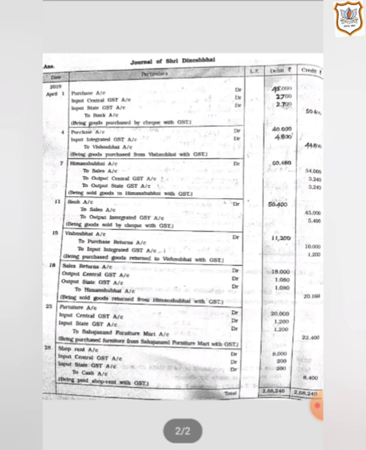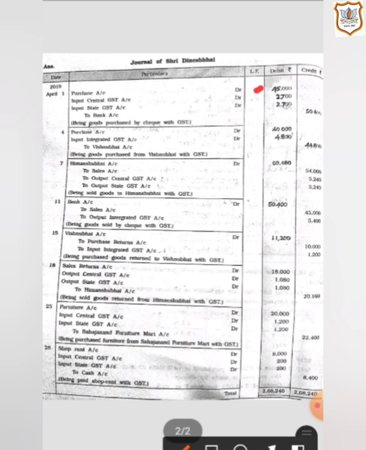Here, first, purchase account will be debited as per the rule of real account, that is 45,000, because 50,000 minus 10% trade discount comes to 45,000. And CGST and SGST both will be applicable. Input central GST account and input state GST account will be debited with the amount 2,700, as it is given in the question that CGST and SGST rates are 6%.